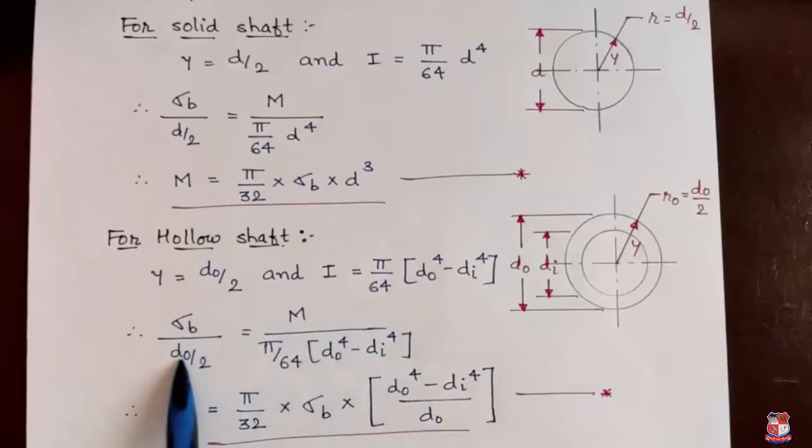So by simplifying this equation, we will get capital M is equal to pi by 32 into sigma b into (Do raised to 4 minus Di raised to 4) by Do. In most of the cases, M, sigma b and a relation between Do and Di will be given. So we can replace any of these two values and find out the other values.